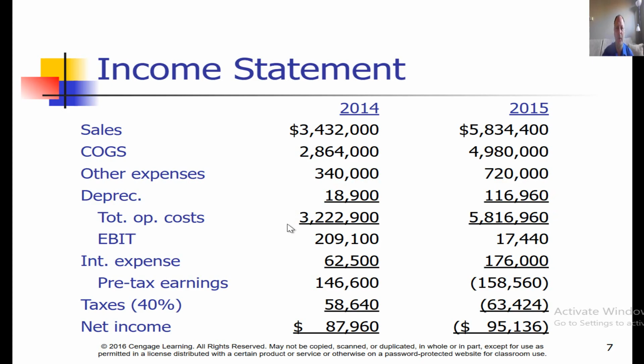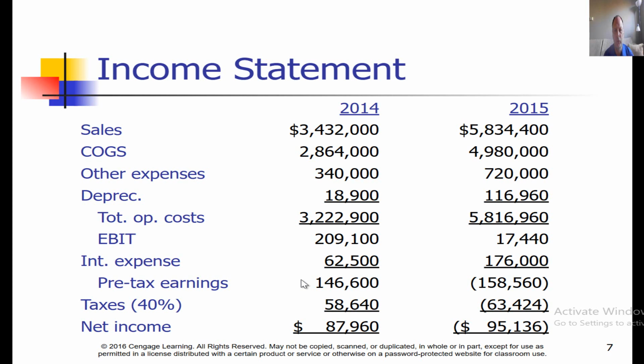To get the total operating cost, we take cost of goods sold plus other expenses plus depreciation. And to get earnings before interest and taxes, EBIT, we took sales minus the total operating cost. Finally, after that, you subtract the interest expense to get the pre-tax earnings.